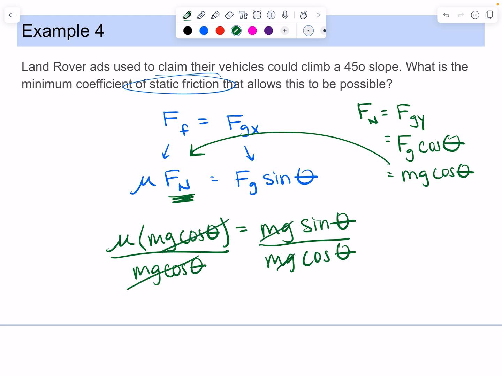The mg's will cancel, so I just have sine over cosine, which gives me a coefficient of 1. So the friction between the tires and the road would have to be 1 in order for that claim to be true.